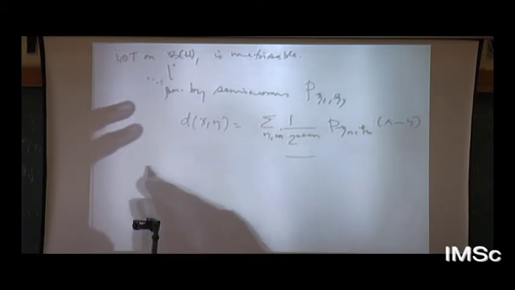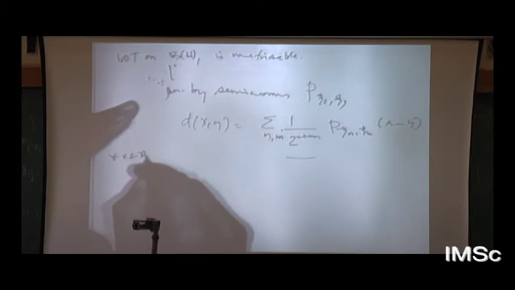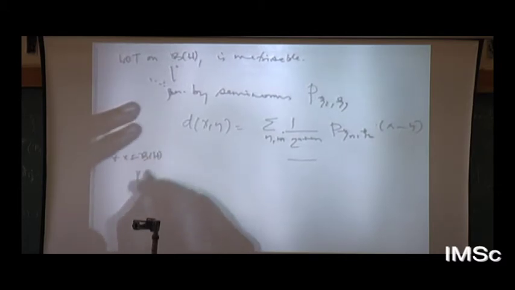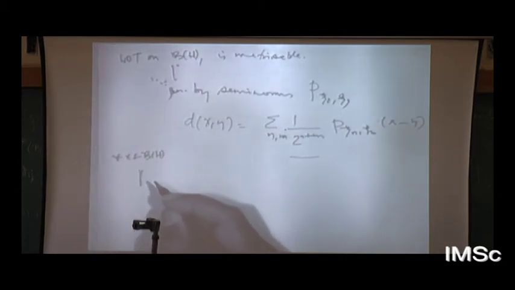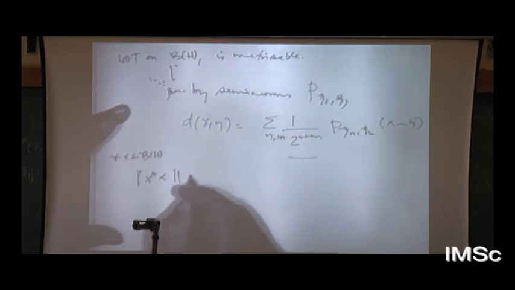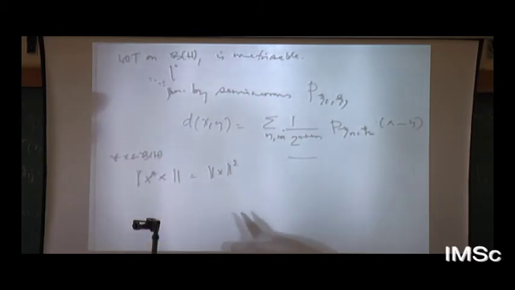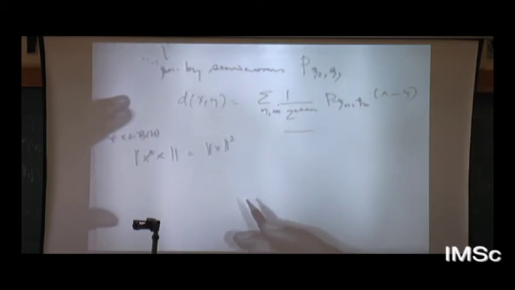The first observation he makes is that for any x in B(H), the statement is that B(H) is a C-star algebra. That is, he is stating that norm of x star x equals norm x squared. Do I have to prove this?